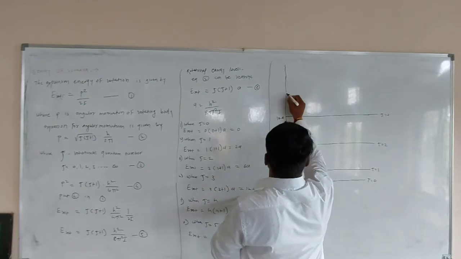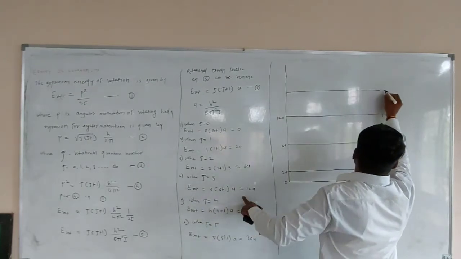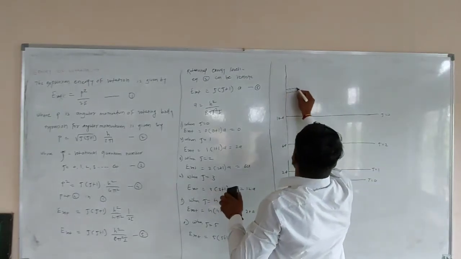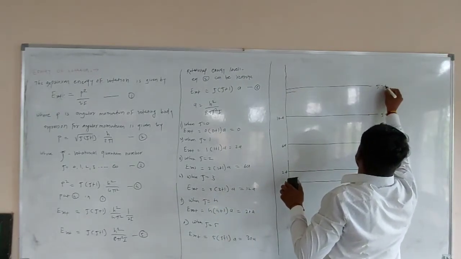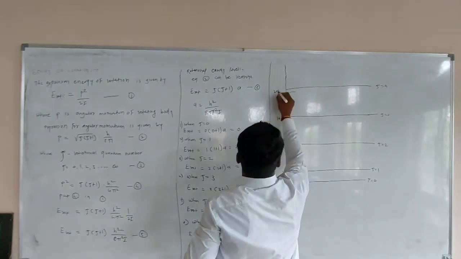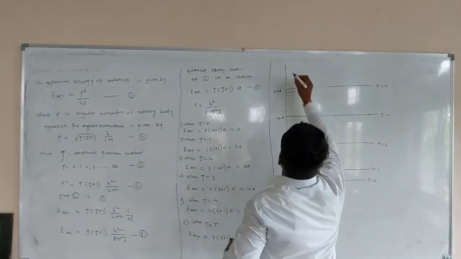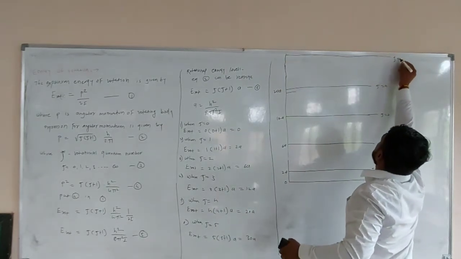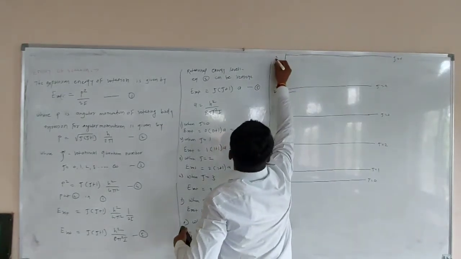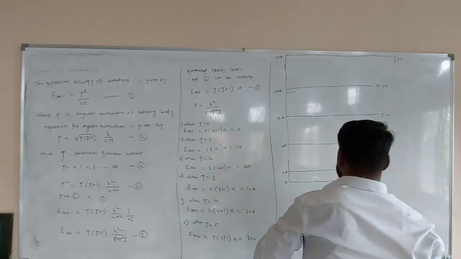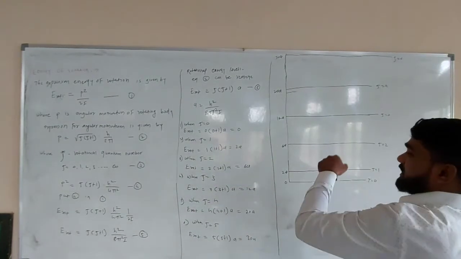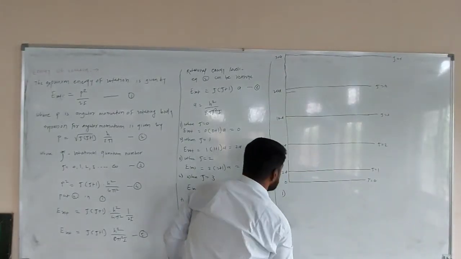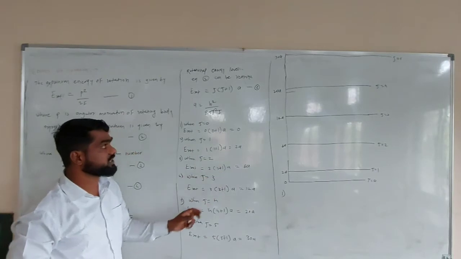When J is equal to 4, it is 20A. And when J is equal to 5, it is 30A. Then from that energy level graph, we can show three characteristics of the rotational energy level lines.